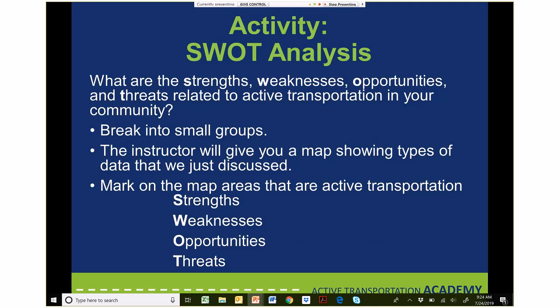And then you're going to work together as a group to mark up where your strengths, your weaknesses, your opportunities, and your threats are in the parameters of that map within your community regarding active transportation. That way you can start to understand where the good things are, where the things that need attention are located, and then again, that'll help to prioritize how you move forward.